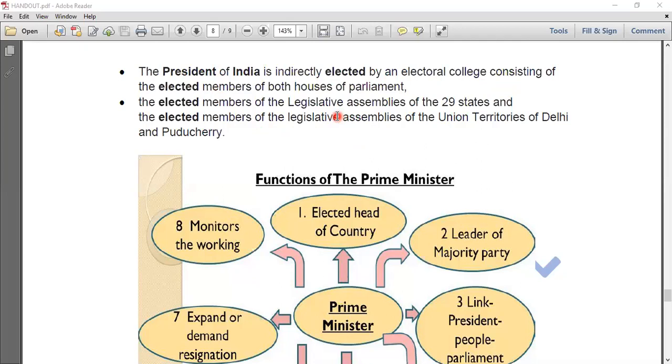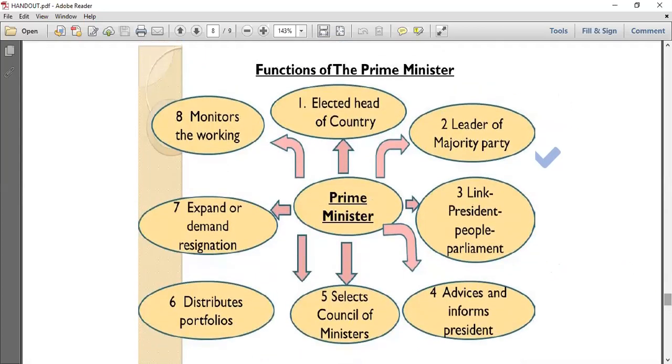Now, the elected members of the Legislative Assemblies of the 29 states and the elected members of the Union Territories of Delhi and Puducherry come together to do the voting for the president, right? But then we say that the real head is the Prime Minister.